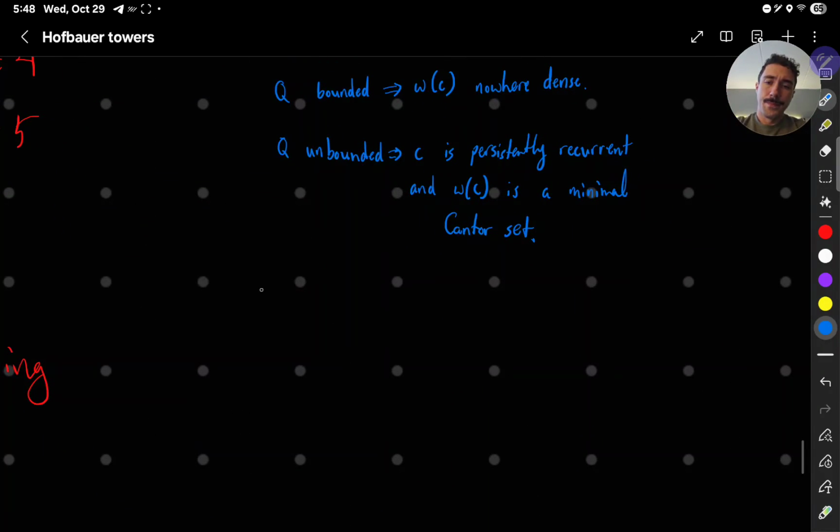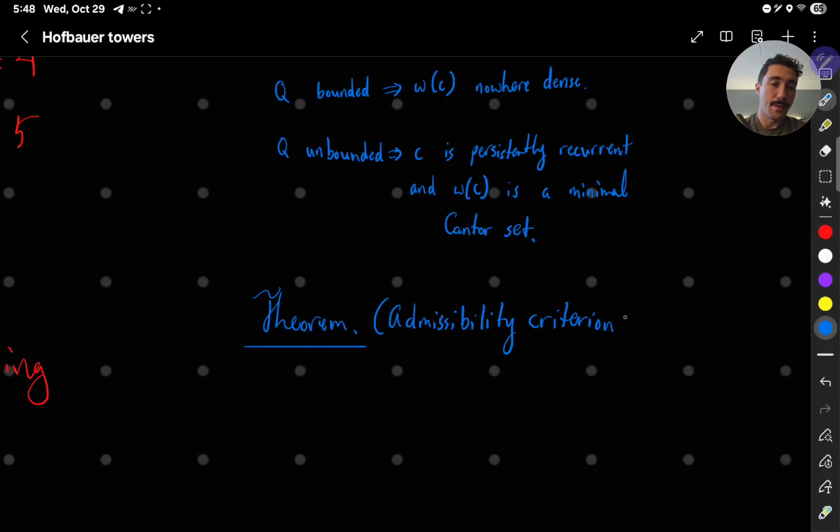Another theorem is the admissibility criterion for kneading maps. And what does that mean? It means if you give me a kneading map, I should be able to construct the cutting times from it.